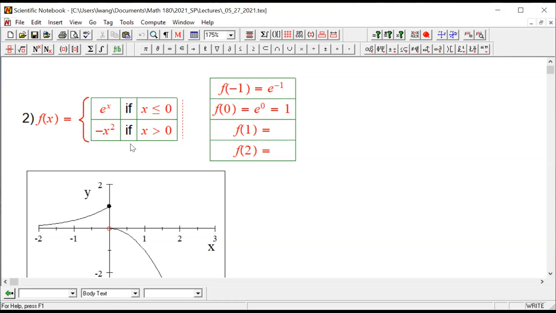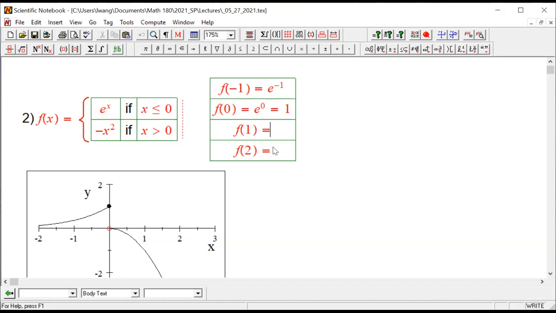How about f of 1? How do you evaluate f of 1? What is the value for f of 1? We're going to be using this rule.